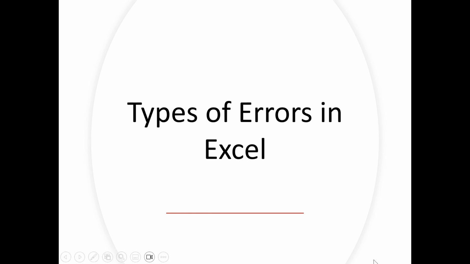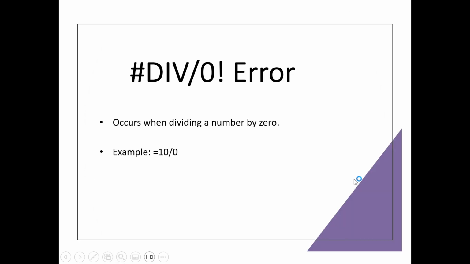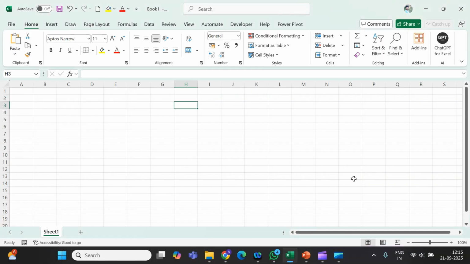The first most common error even I face is the divide by zero error. Divide by zero errors occur when dividing a number by zero. We know that any number cannot be divided by zero. So if we take one example here, I'm trying to do equal to 4 divided by 0. Look at that.